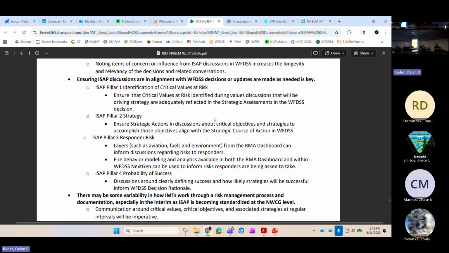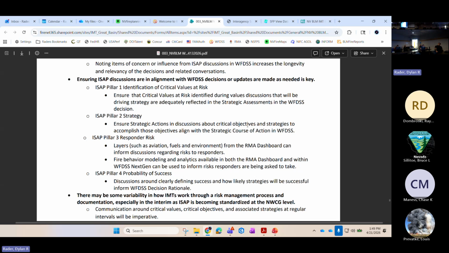We can either do it with a broad-based stroke, just by saying that we want you to protect identified values at risk, or if you actually have the data to provide point data for each of those values at risk, you can put that within your decision and then identify what those values are. And you can also identify what the priority for the protection of those values are as well through a few different ways.